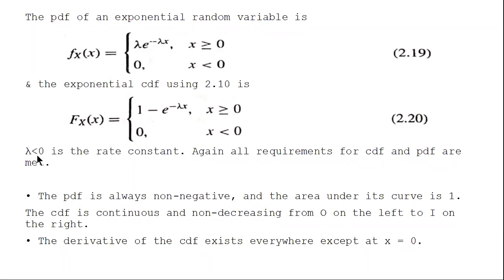I think it should have been greater than 0; I might have made a mistake here. Okay, lambda should be greater than 0. It's the rate constant.